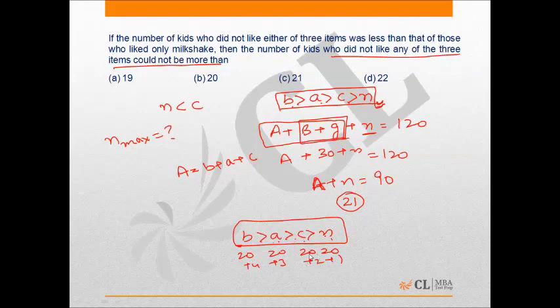So from here you will get the summation as 90, and the maximum of N is 21 only. So the correct option for this question is option C.